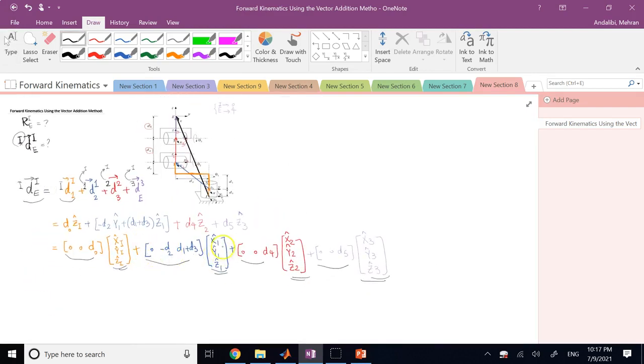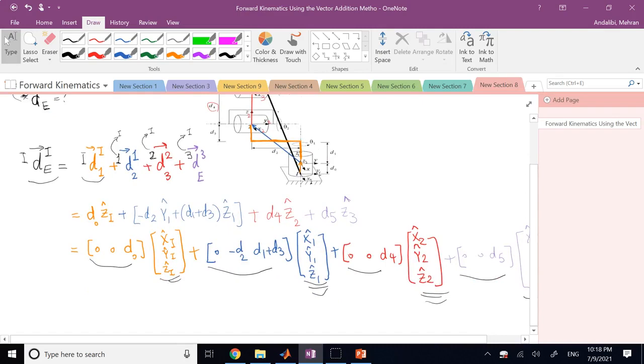Or in other words, all of these guys here, this one, this one, this one, they are also somehow written in terms of xi, yi, and zi. Then yes, I can add similar vectors that are all written in the same base, in the same reference. I can now add them together.